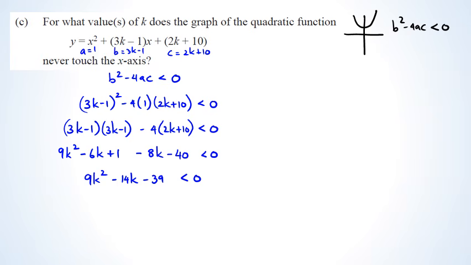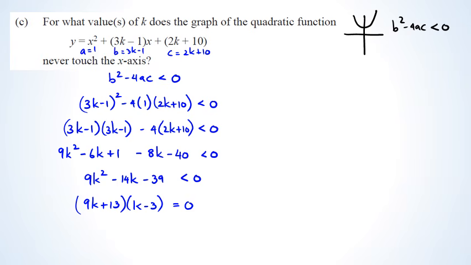So at this point, guys, what I would say is try and factorize this equation. When you factorize this equation, you're going to get (9k plus 13) multiplied by (k minus 3). And that's what I have for the quadratic equation.